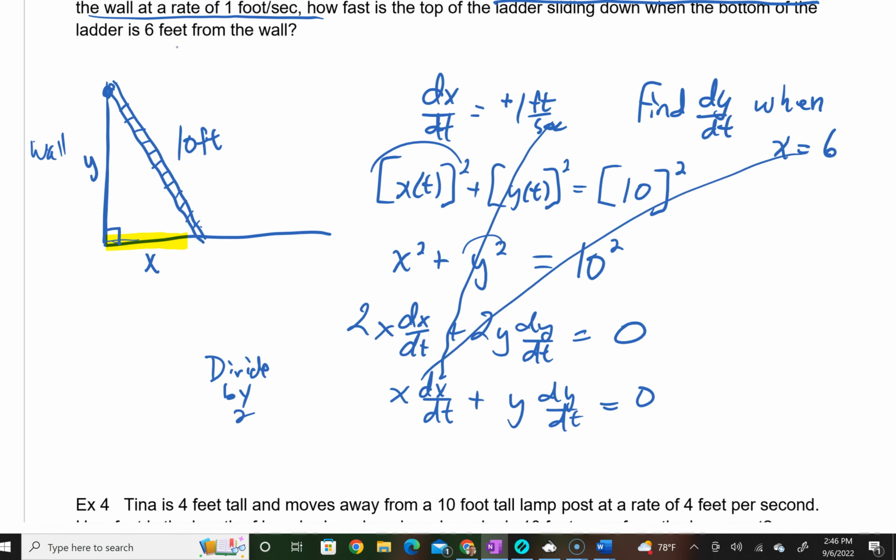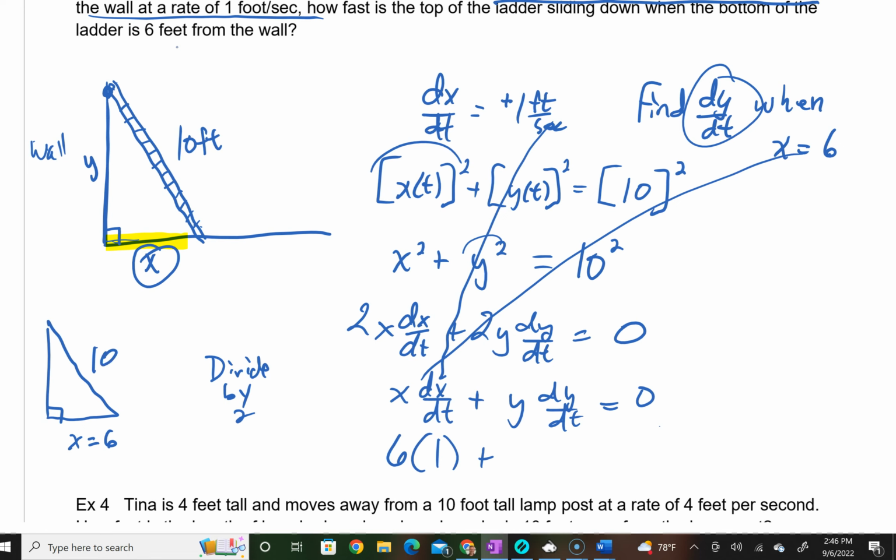We know x is going to equal 6. And we're trying to find dy/dt, but we don't know what y is. Well, again, just for the briefest of moments, this x right here could be a 6. This ladder is still going to be a 10, and then you could say, well, what's y?